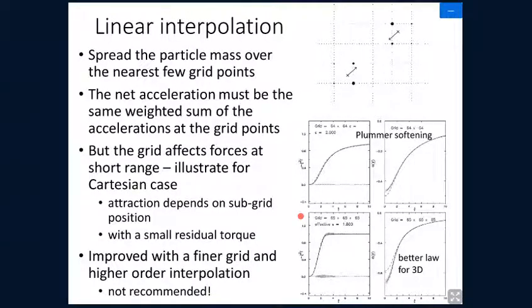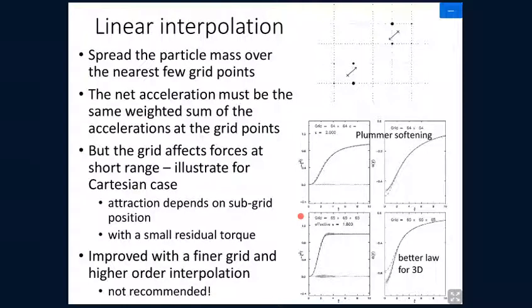And then in order to conserve momentum, it's important that when you interpolate the forces, the accelerations acting on the particle from the grid, that you use exactly the same weighting scheme that you used to distribute the mass on the grid to start with. Otherwise, you will end up with particles which are able to accelerate themselves, which is not a good idea.